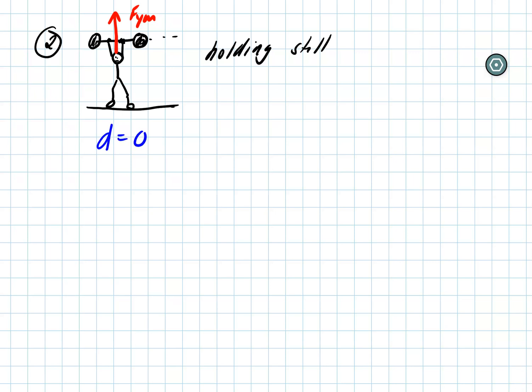You're just holding it stationary. So how much work do you do? Work is F d cosine theta. Well, I don't need to worry about the cosine theta because the distance is 0. So the work you do is going to be 0 joules.